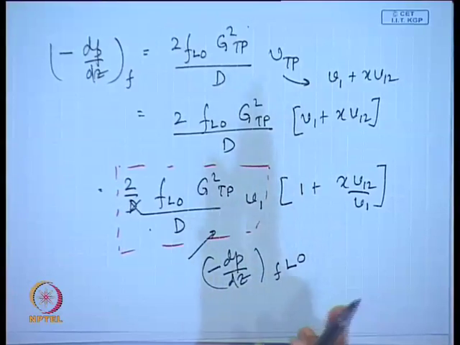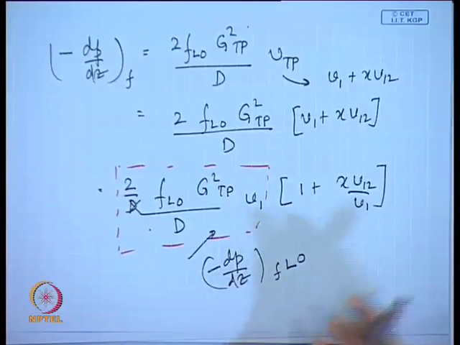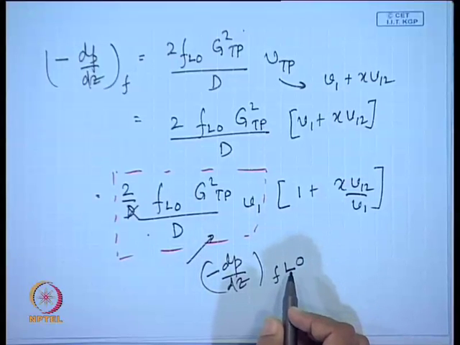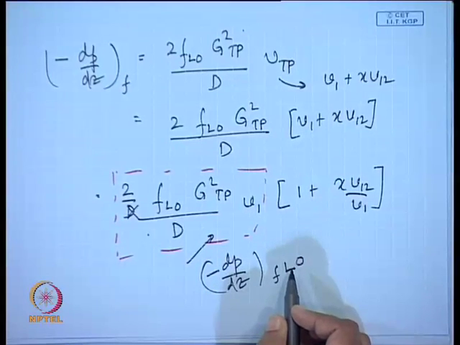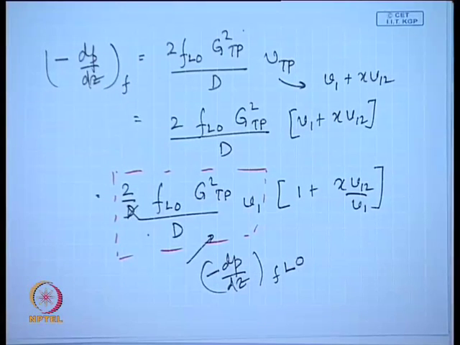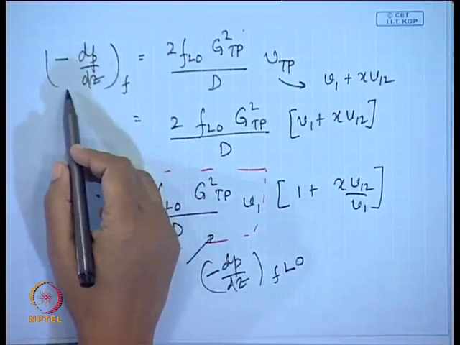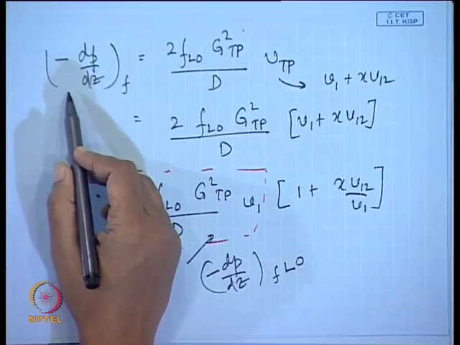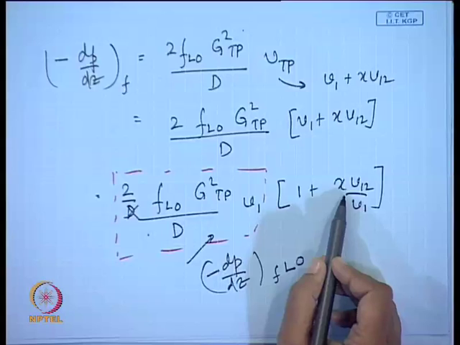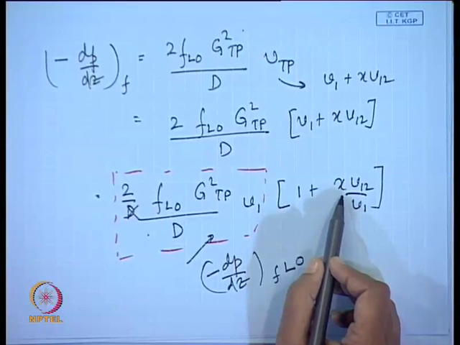Now, just try to understand one particular thing. In this particular case, see, it does not conform to the limiting conditions. What are the limiting conditions that we know? The limiting condition is that the frictional pressure gradient must reduce to the gas only pressure gradient when x equals 1, is it not?